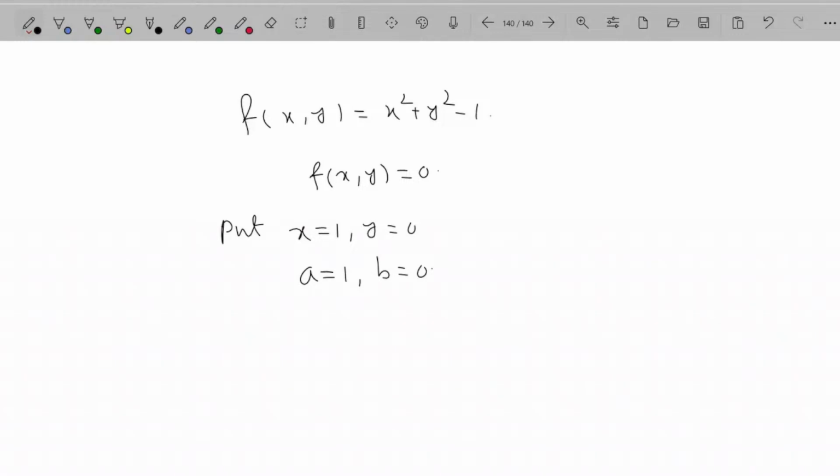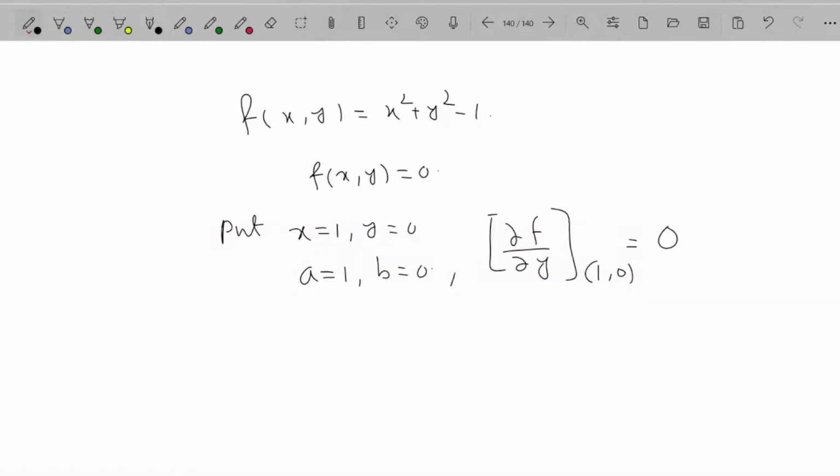But what is the partial derivative of f with respect to y at (1, 0)? It's 0. So it does not satisfy the condition. Okay.